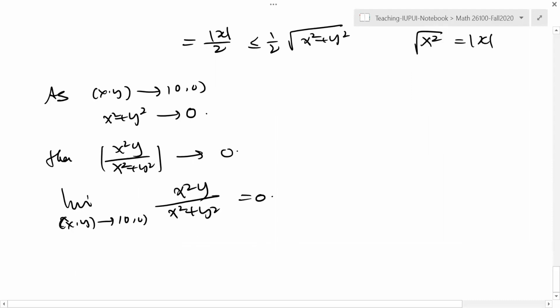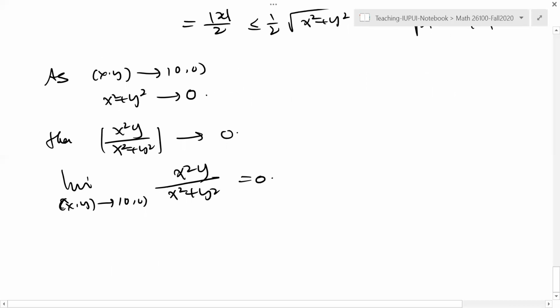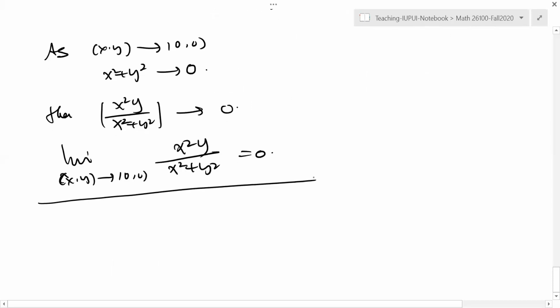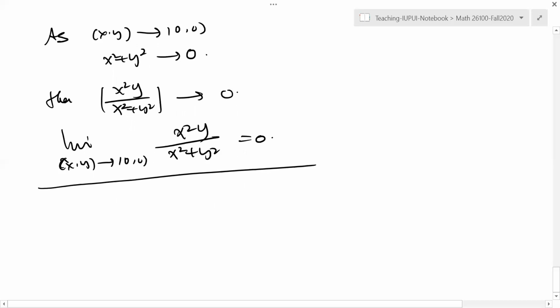Now we have a student asking whether we can use polar coordinates to prove that. That's probably fine, so we can. It's a great idea. The relationship between polar coordinates: x equals r cosine theta, y equals r sine theta. So x squared plus y squared equals r squared.